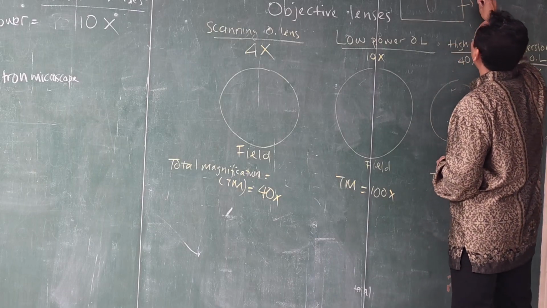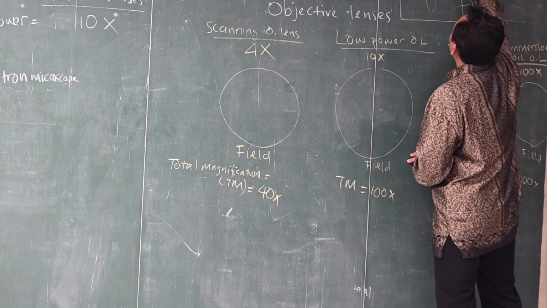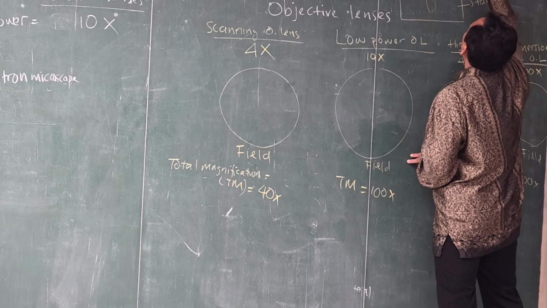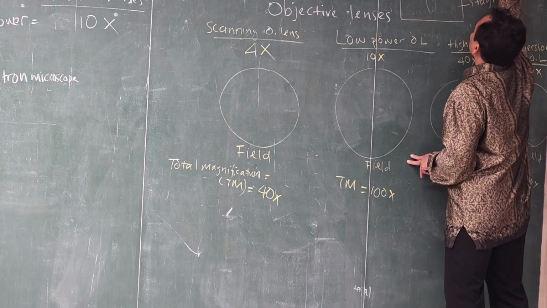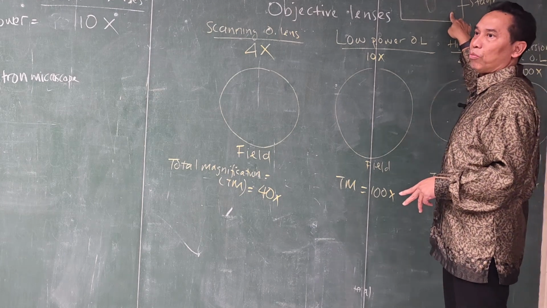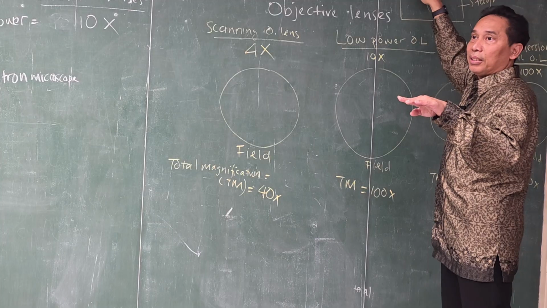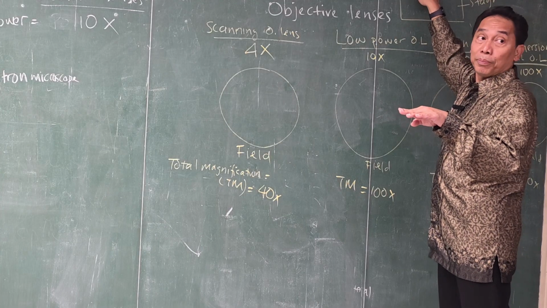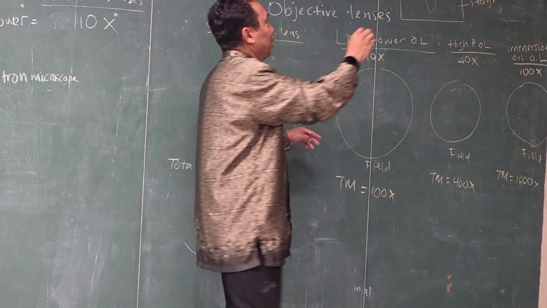This is the stage. This is what we call the mechanical stage. So you have the regular stage, which is the flat black surface over there, and you have the metal things. That's called the mechanical stage.